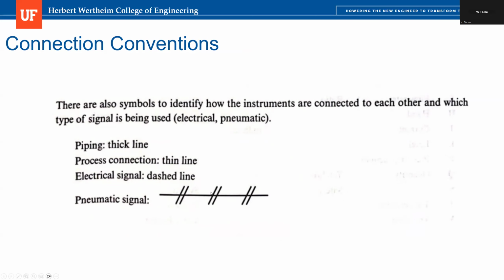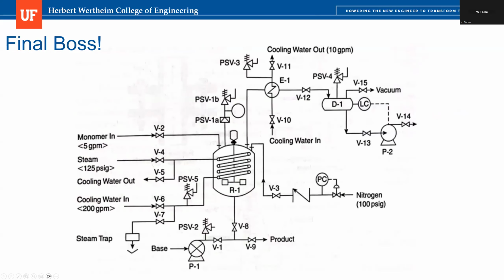There are connections that you can draw in between some of the equipment. Piping is a thick solid line. Process connections are thin lines. Electrical signals are dashed lines, and pneumatic signals are these railroad crisscross type shapes. So you can see that on this example of a P&ID. Again, we've got piping, which is a thick line.